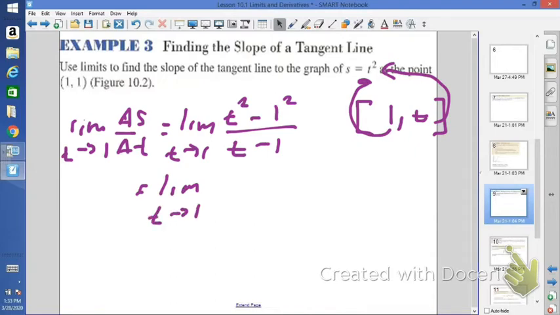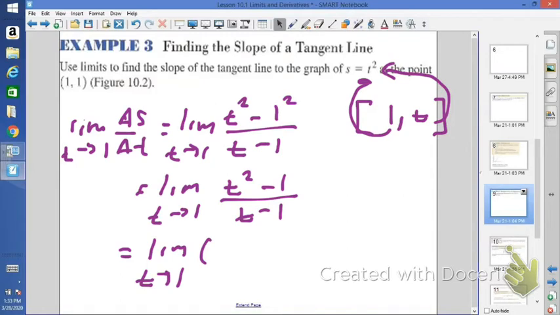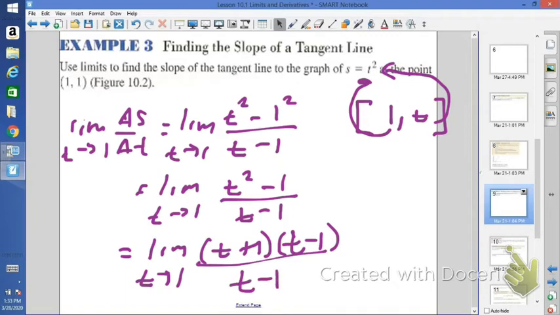Alright, we cannot plug in 1 for t right now because we'd be dividing by 0. So we want to look to simplify. So the top is going to be t squared minus 1. That's a difference of squares. So you're going to rewrite that as (t plus 1) times (t minus 1) all over t minus 1.